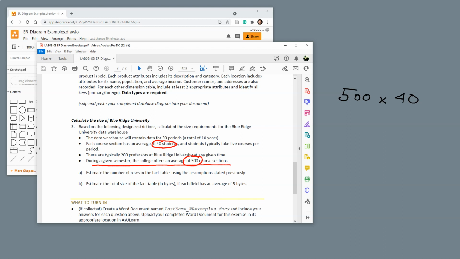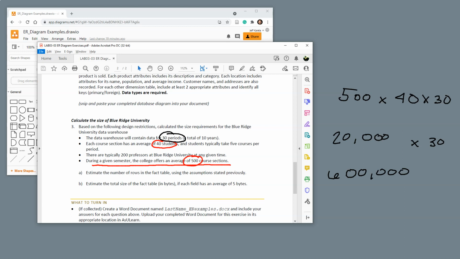Now, if I want to look at how many I'm going to have over 10 years, I just have to multiply that by 30, because of this number right here. So I'll say that is also times 30 periods. If I did my math correctly, 5 times 4 is 20, and then 3 zeros, 20,000 times 30, which becomes 600,000 records.